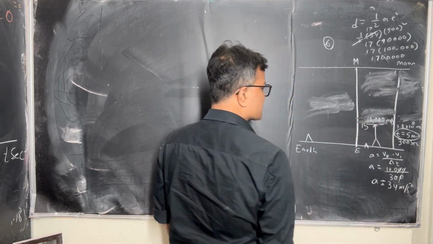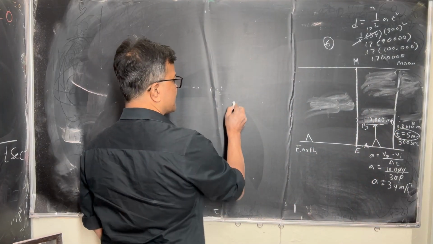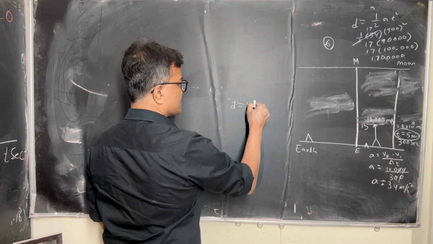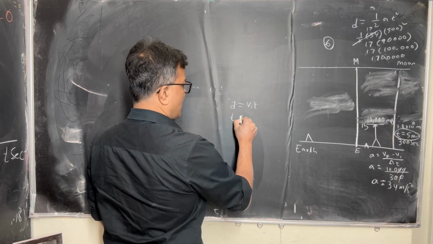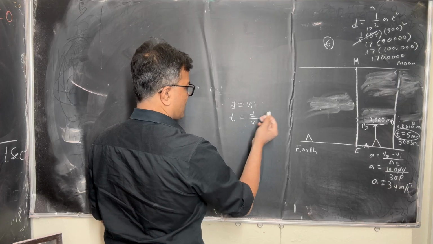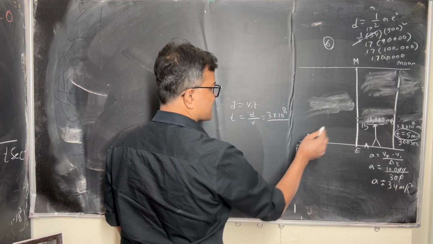If it is a constant velocity problem, how long does it take from Earth to Moon? That's all you need to do. d is equal to v t. Half a t squared is no longer there. So time is d over v. d is 3 times 10 raised to 8, and velocity is 10,000.